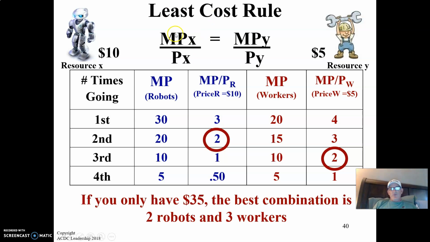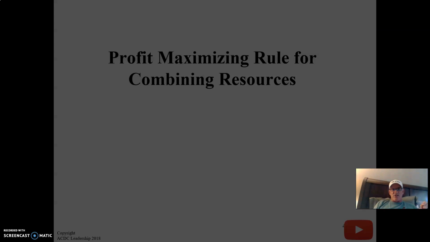You're going to take the marginal product of X over the price of X will equal the marginal product of Y over the price of Y. Okay? And that's basically what we ended up doing when we got these two to match. And I'm going to show you that specifically in the FRQ when we're talking about least cost rule.